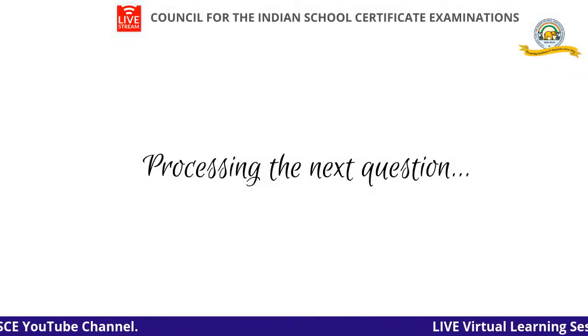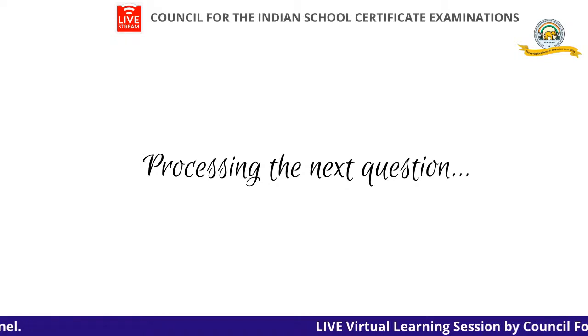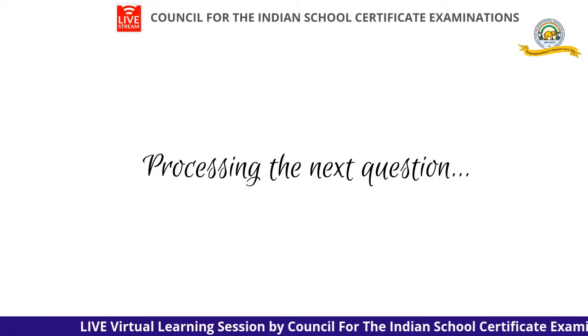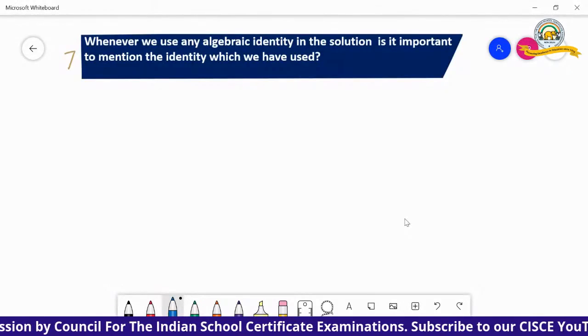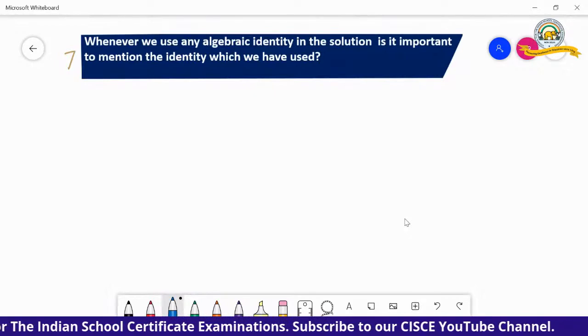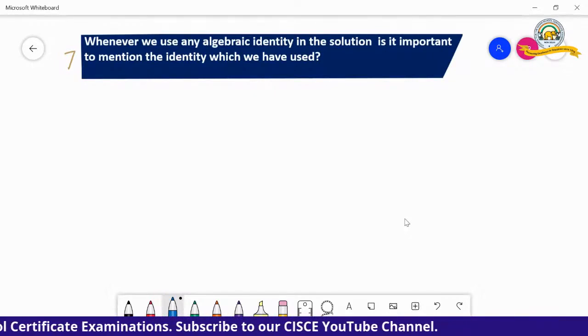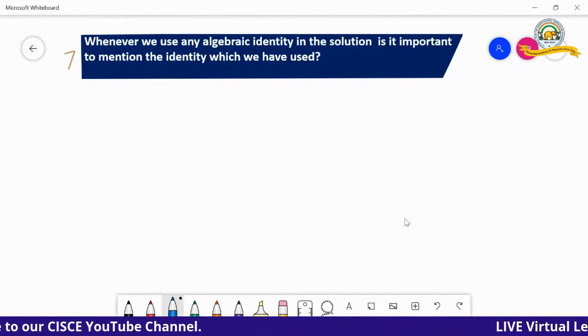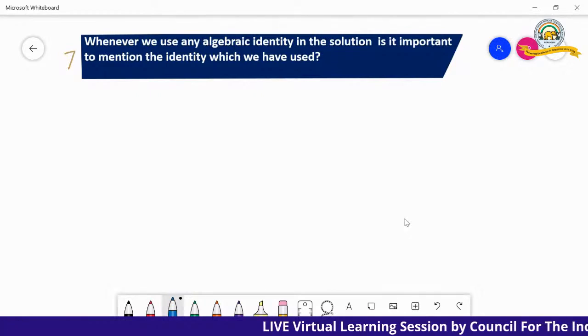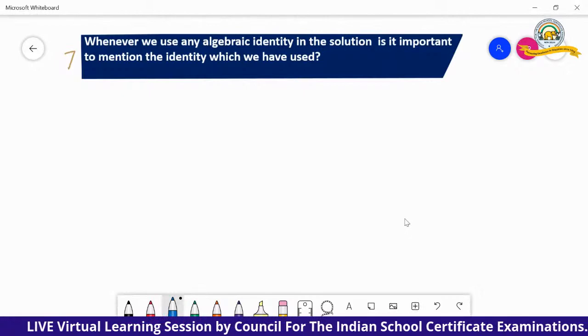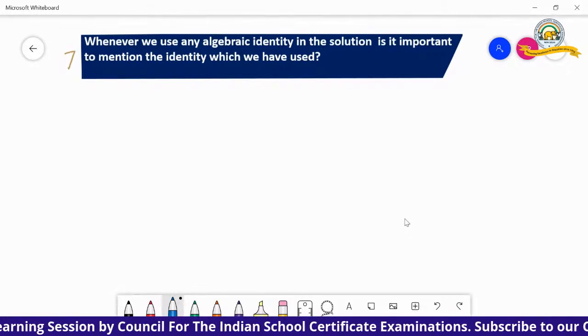Next question. Okay, our next question. Whenever we use any algebraic identity in the solution, is it important to mention the identity which we have used? See, it is not essential, but whenever you are doing it, if you write it down, first of all, you won't forget your formulas.